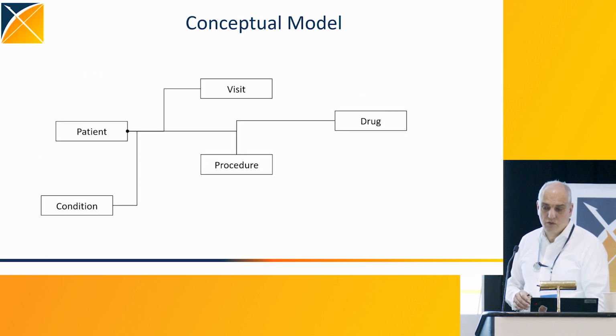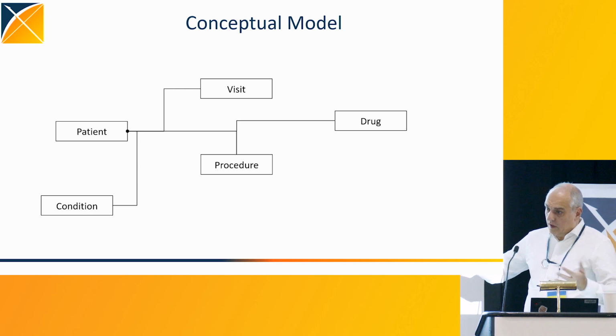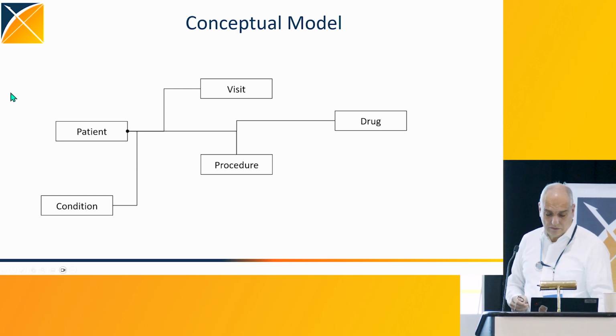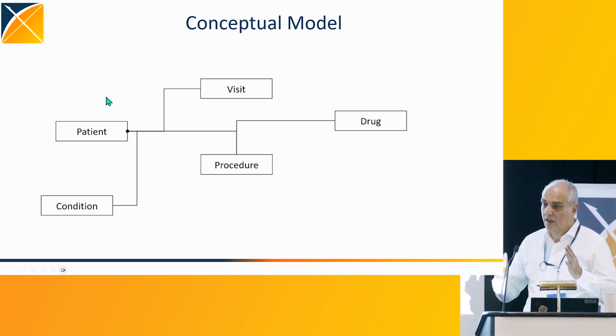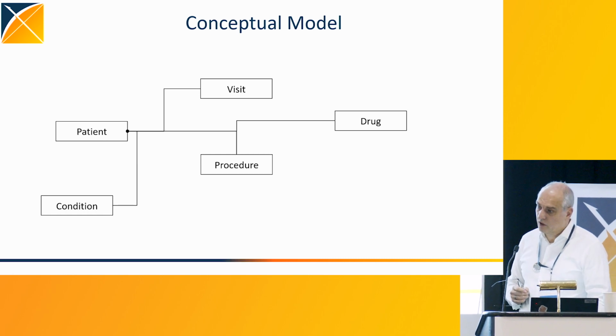Or a conceptual model, which is higher level: I cut this patient data into these 5 different objects, and they belong to each other. Patient is the one that unifies them all, where they all come together, which is what this little bubble thing means.